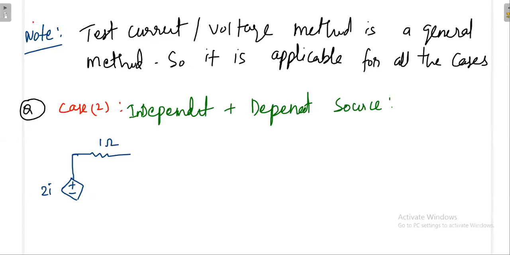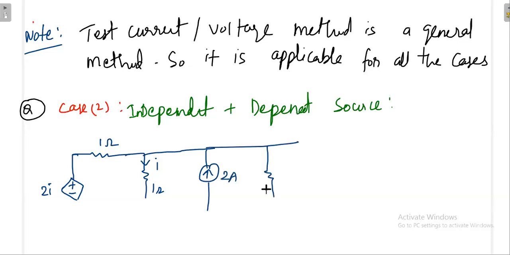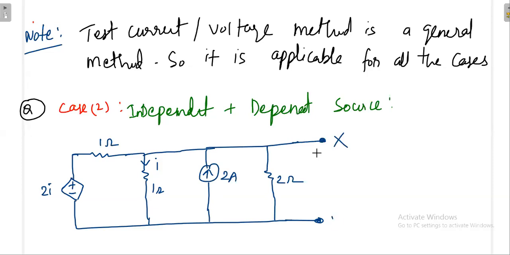That current is I, this branch current, and this is 2 ohm. This is 2 ohm. And the problem is like this, XY. If they mention it like this, it means they have already removed the load.